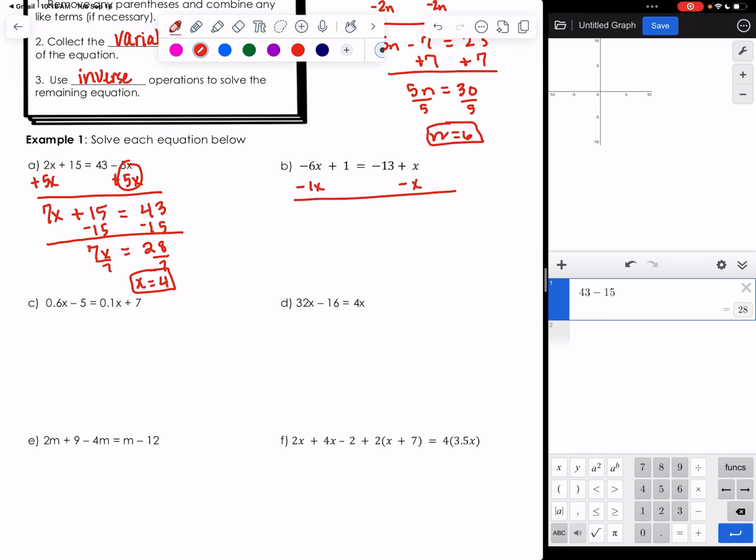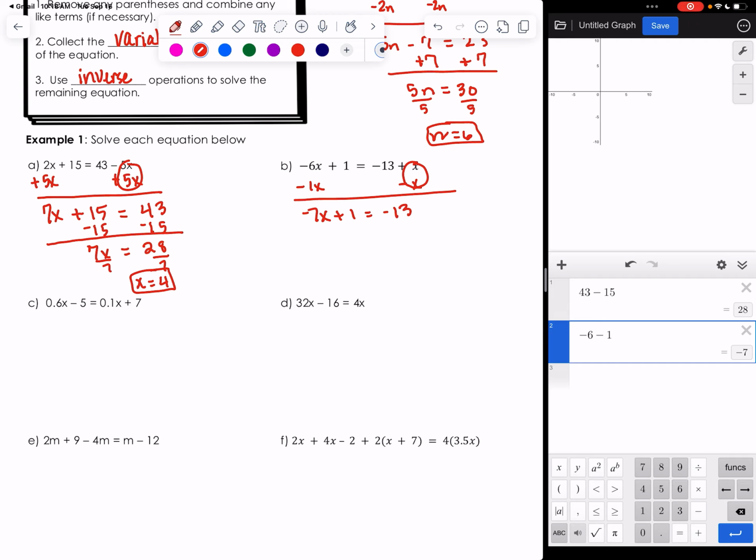Now, be very careful here. When you do that, you have negative 6x minus 1x. So you might want to use your calculator here. Negative 6 minus 1. That would be negative 7x plus 1 equals negative 13, and x minus x would zero out. Now we have a normal equation to solve.